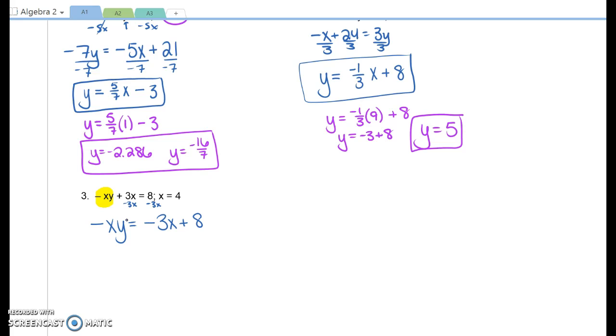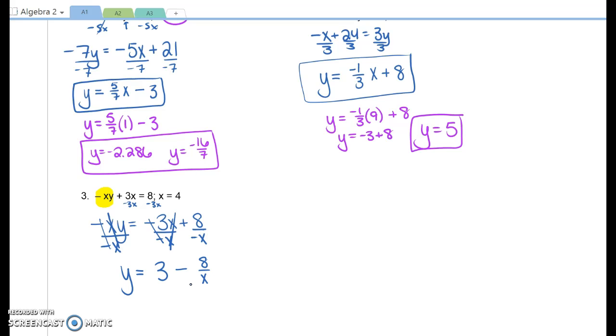What should we do now? Divide by negative x. And that might seem a little bit weird, but it's totally allowable. That gives us y equals negative over negative is going to result in positive, and the x's cancel, so we just have positive 3. And in the next term, it's just better to not put a negative on the bottom, so this is minus 8 over x, or plus a negative 8 over x.